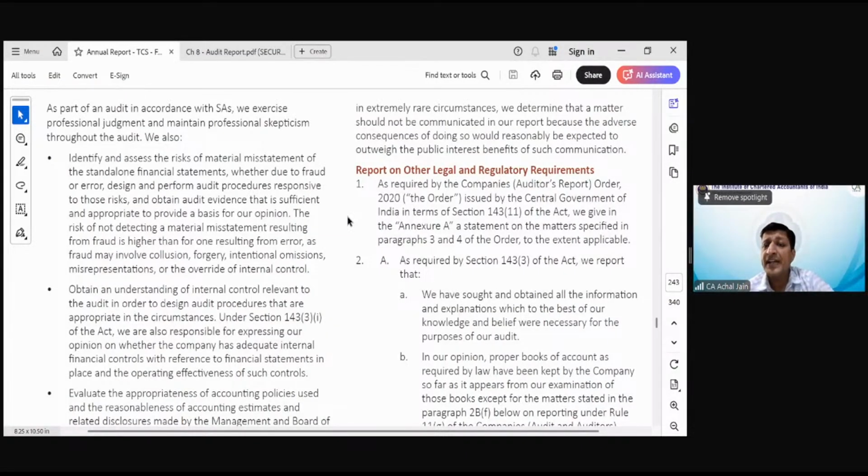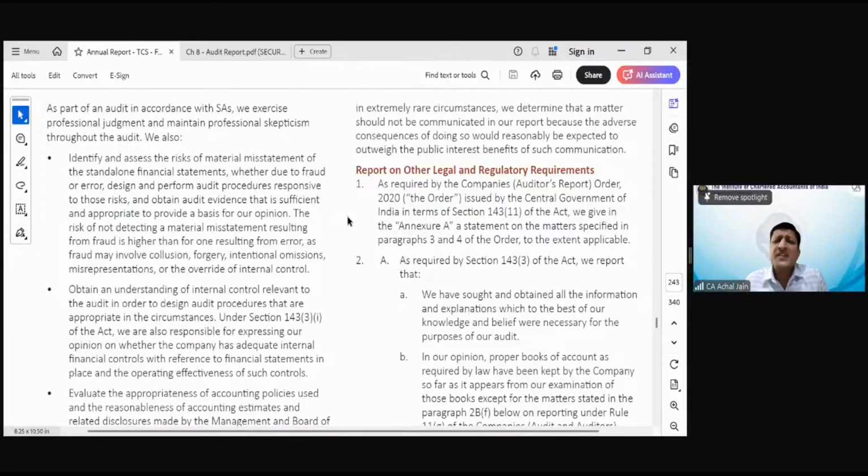But let's suppose that the legal requirement specifies that the auditor needs to write down that pointer, or how that area has been covered, in his audit report. So what will the auditor do? The auditor will have to write it over here. So this particular section is all about any legal or regulatory requirements which are specifically required to be covered by the auditor.